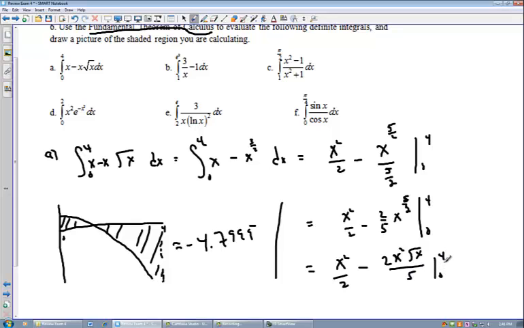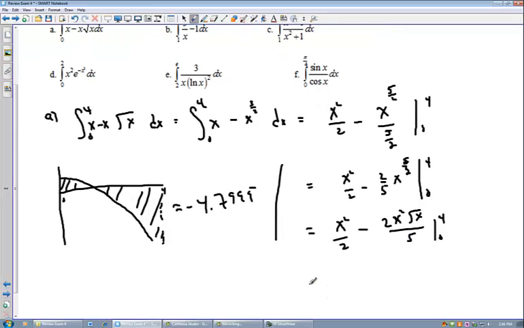And if you do that, I bet you can figure out this answer. So this is going to be equal to, what do I have? 4 squared over 2, so that's 8, minus, I have 4 times 4, which is 16, times square root of 4. Well, let's put it in there so I don't confuse anybody.